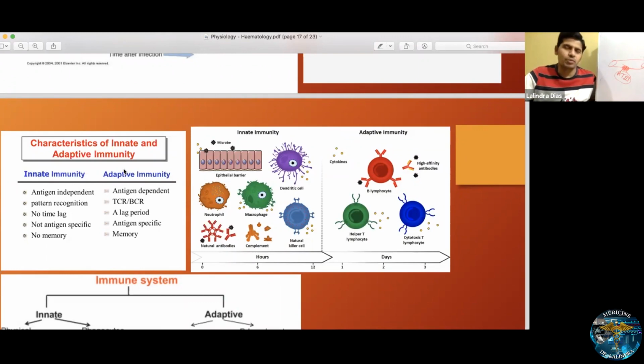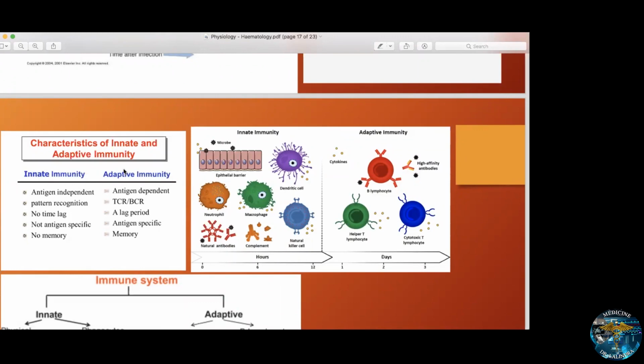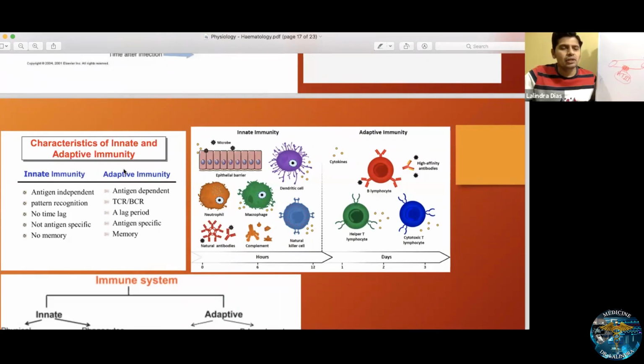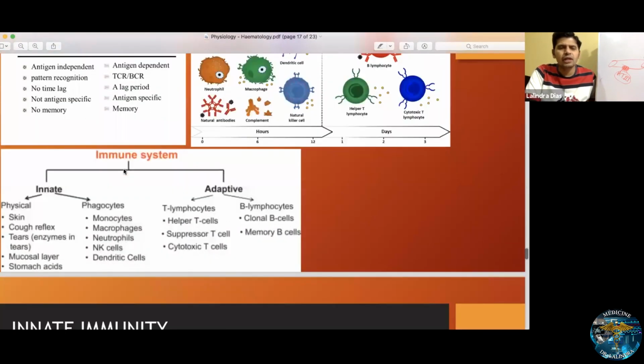Very important to remember that. Innate immunity occurs very soon after infection, but adaptive immunity occurs several days after exposure.